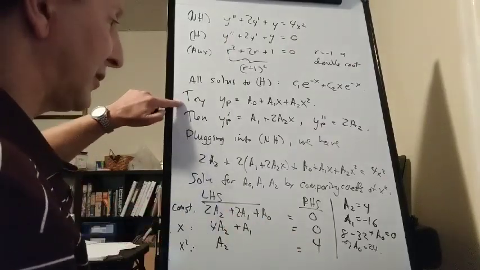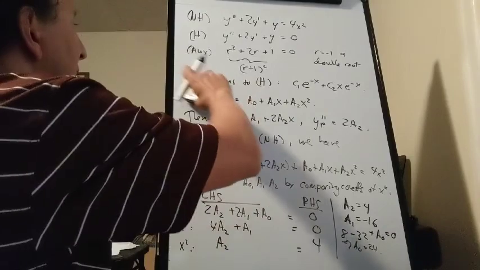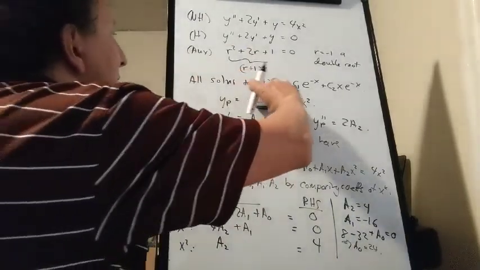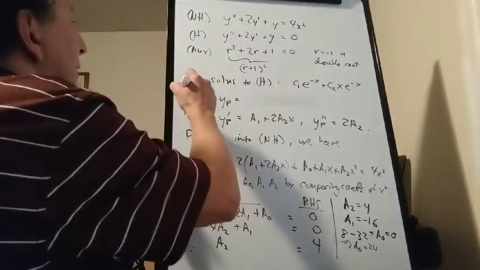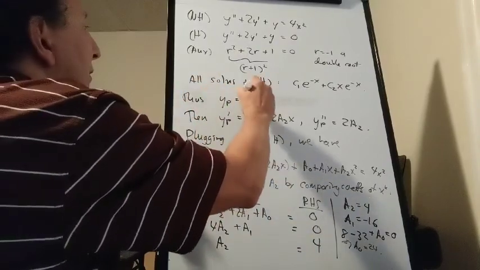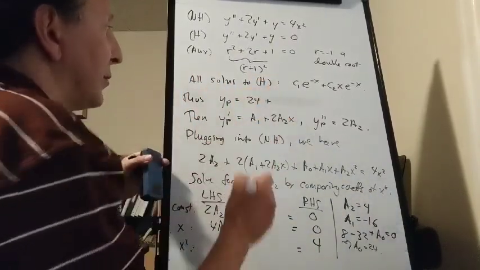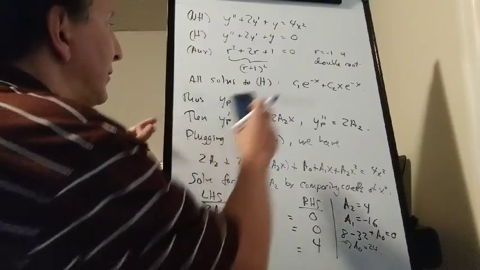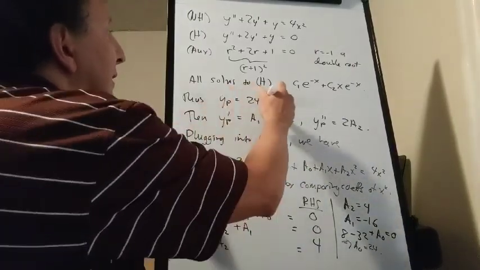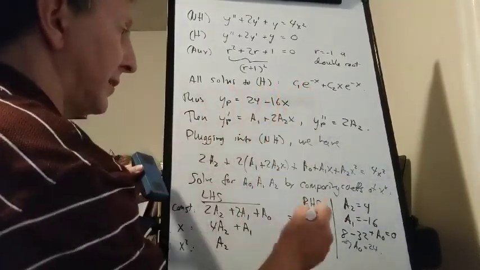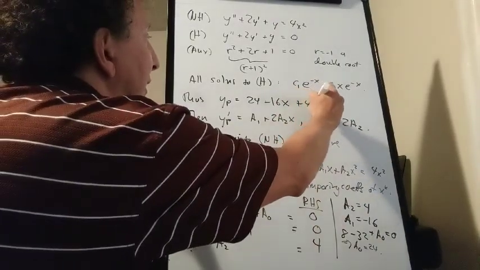So that means our particular solution is 24 minus 16x plus 4x squared.